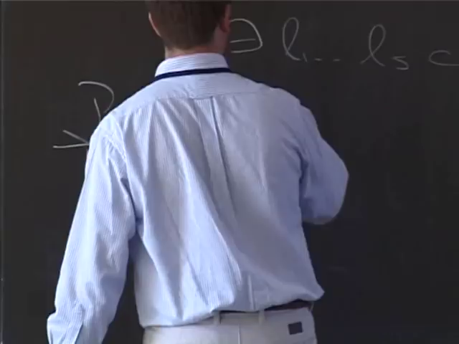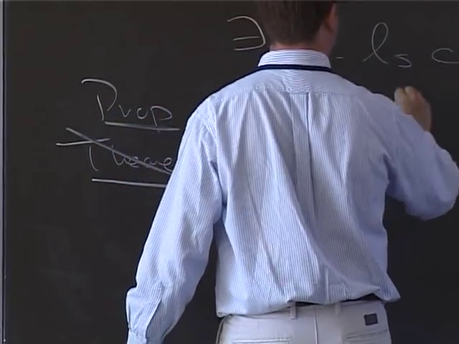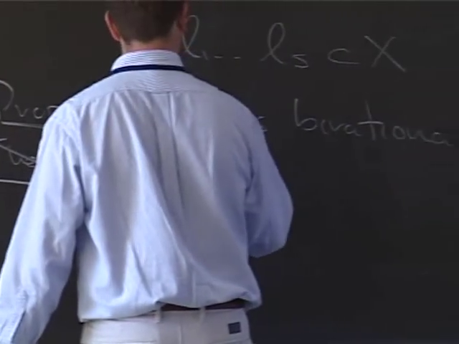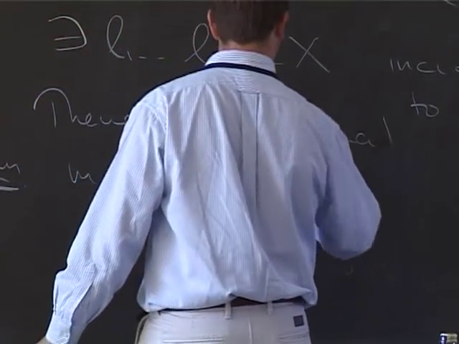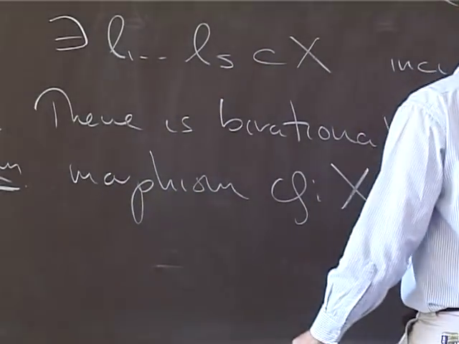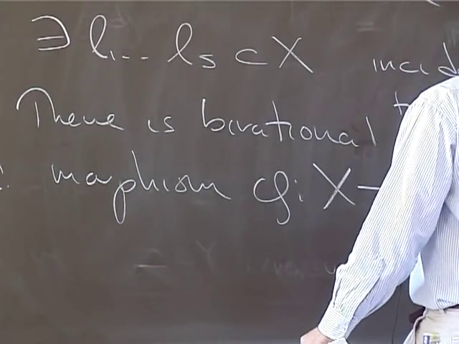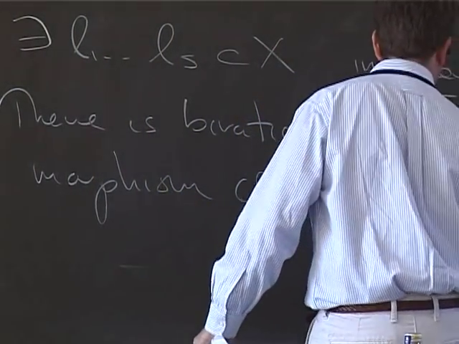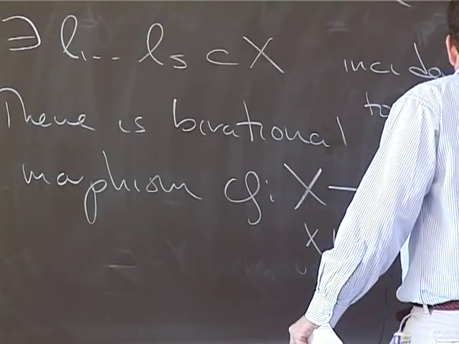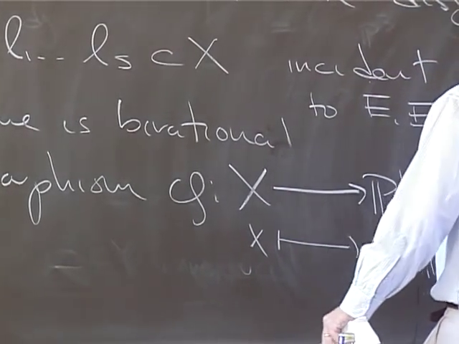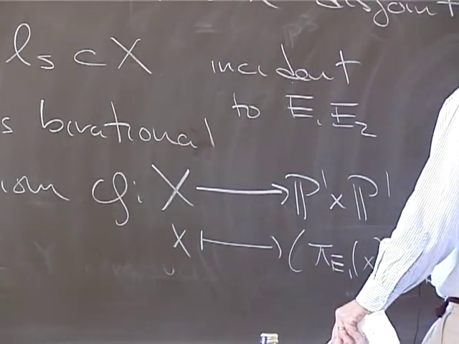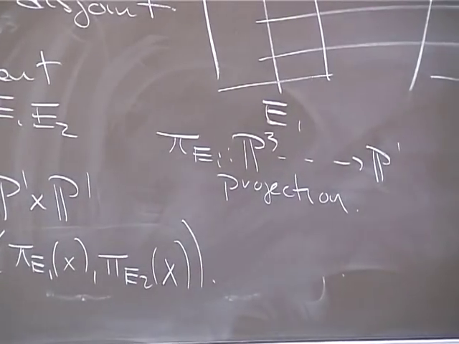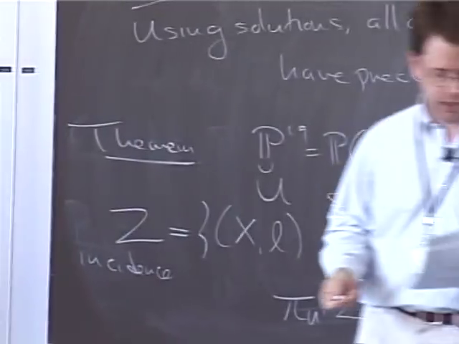So there exists a birational morphism from X to P1 cross P1, taking the point X to its projections under these. You might claim that this is only a rational map, but its indeterminacy is a divisor, so there's really no indeterminacy.